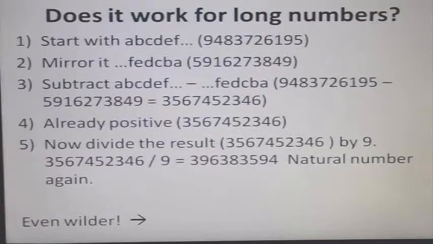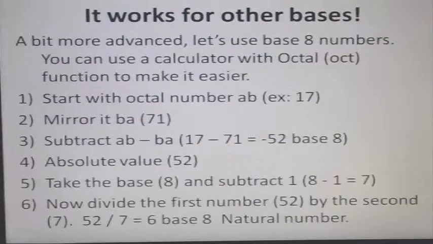So that's pretty wild, but I've got something even wilder. This works for any base number. You probably learned in grade school different bases, and I'll just do one example of that. But let's take base 8 because if you have Microsoft Windows at home, the advanced calculator has octal, so you can use base 8. You can just click on the octal, it'll do the math for you.